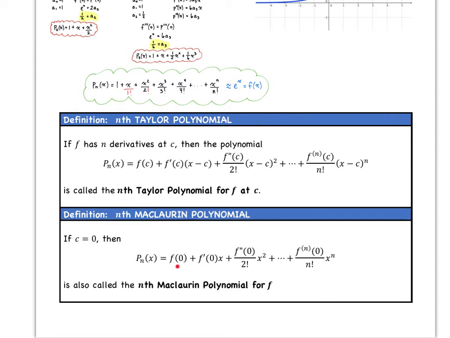And instead of f of c or f prime of c, it's f of 0, f prime of 0. Those are the coefficients of our terms, okay? So this is called a Maclaurin polynomial for f. Let's move on to some examples where we can really find some polynomial functions to approximate.